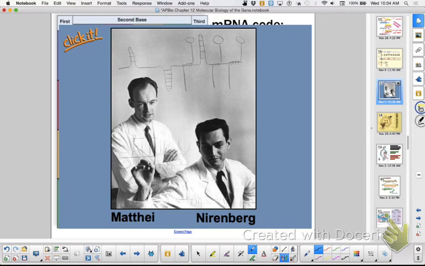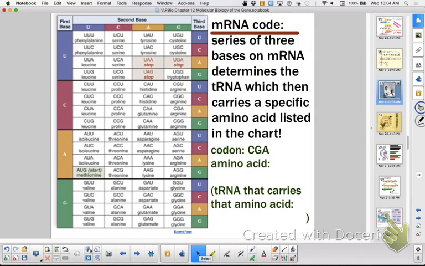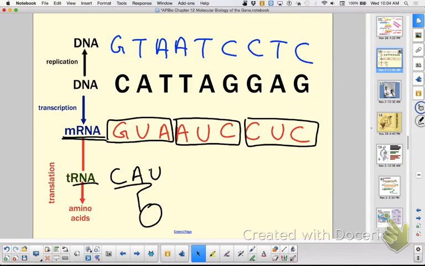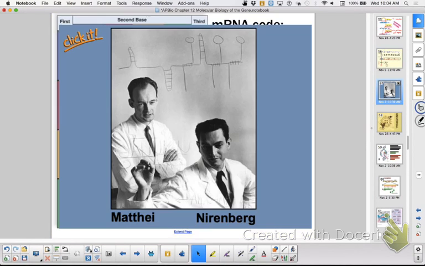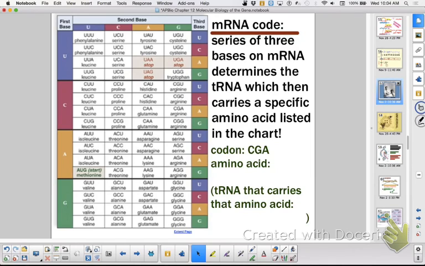Matthaei and Nirenberg, they're the ones who figured it out. You used to have to know that, but you don't anymore. So let's go. What did I tell you I'm looking up? GUA, right? GUA is the messenger. So, first base, if I look at this genetic code, I go down to G. Here's the U column.